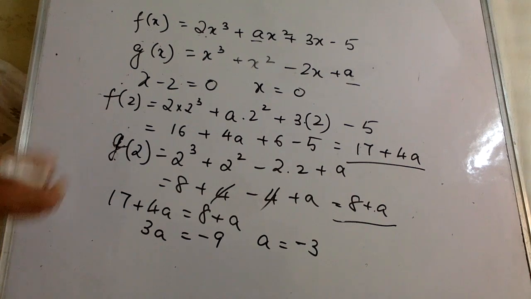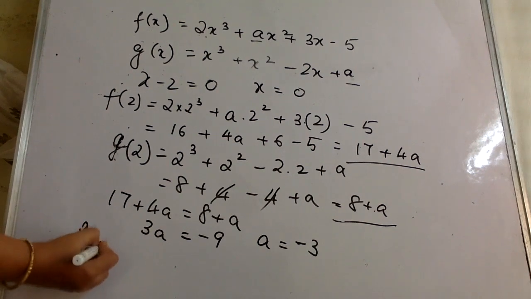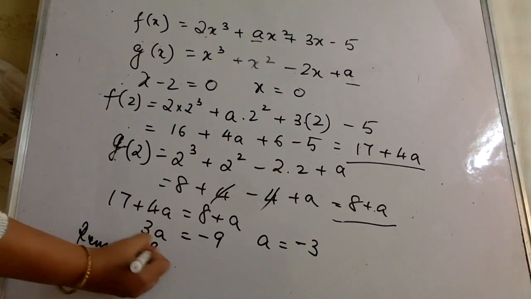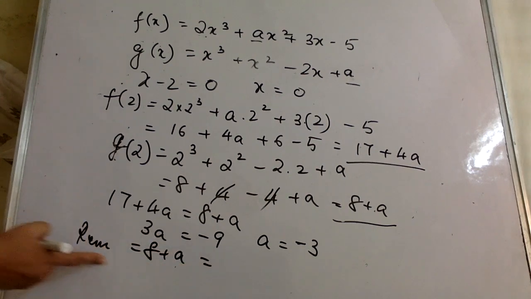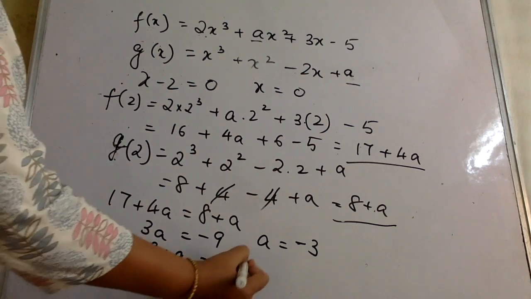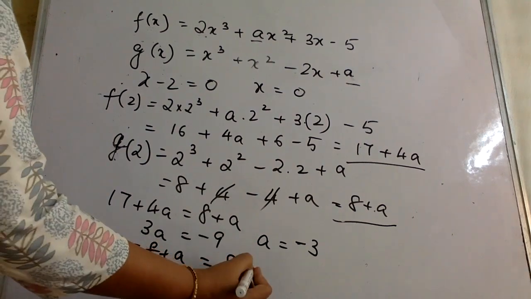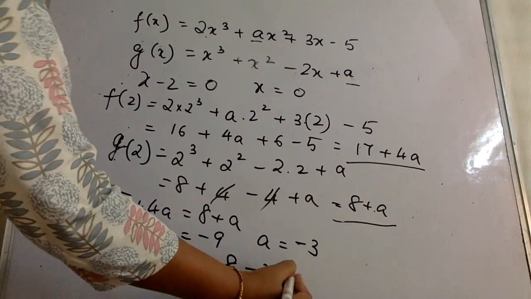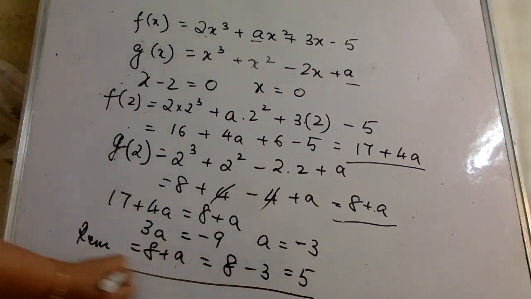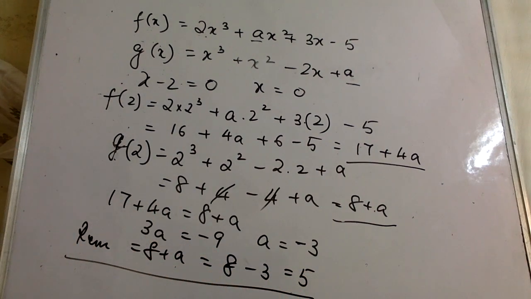This works for both the polynomials. That is 8, this is a minus 3, that's a 5. So 5 was the remainder in each case.